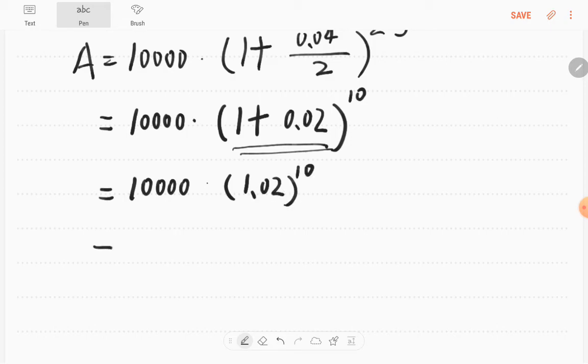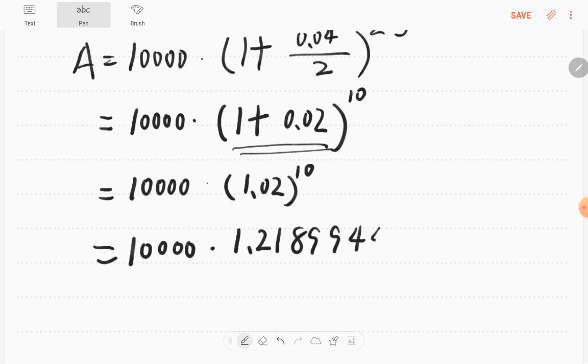Okay, so now you can use your calculator to do the calculation for this power. So 1.02 to the power 10 would be 1.21899442. Okay.